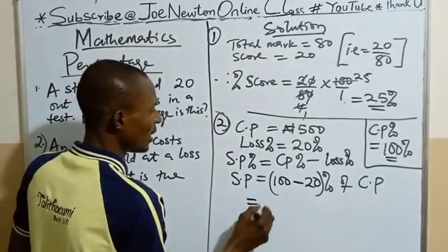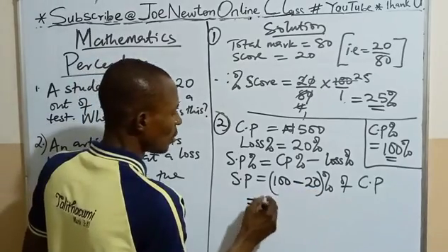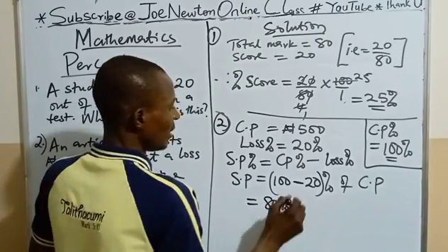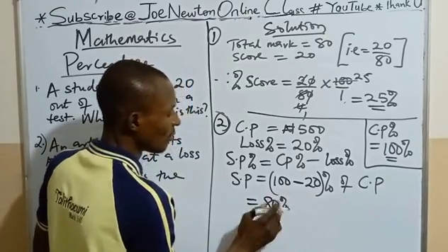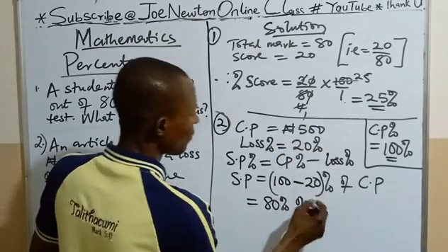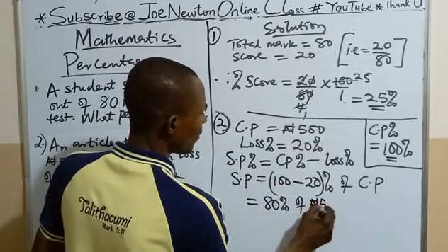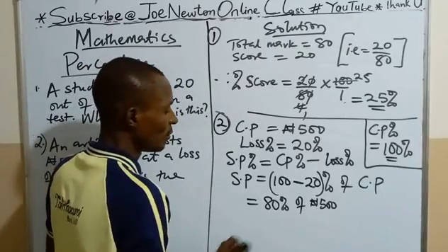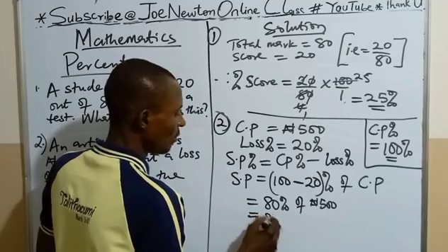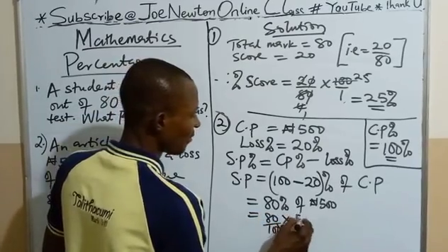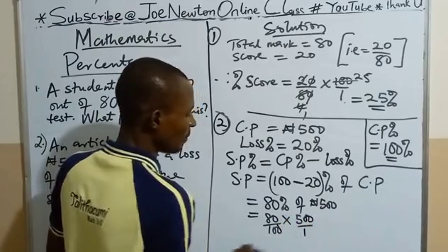So let's take it. We now have 100 minus 20 gives us 80%. 80% means 80 over 100. 80% of what? Cost price. And what's the cost price? 500 naira. So we have 80 over 100 times 500 over 1.